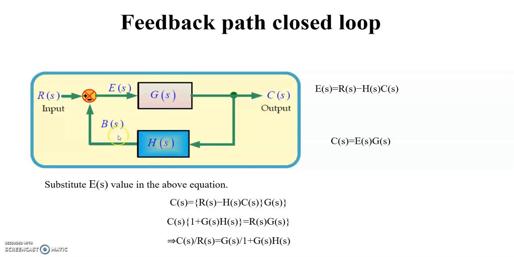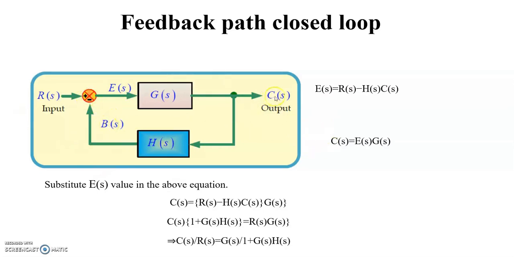The output of this one is B(s). Here E(s) is the error signal, so the difference between R(s) and B(s) is E(s). Now we can write the equation for E(s). E(s) is equal to R(s) minus H(s) into C(s), because H(s) into C(s) is nothing but B(s).